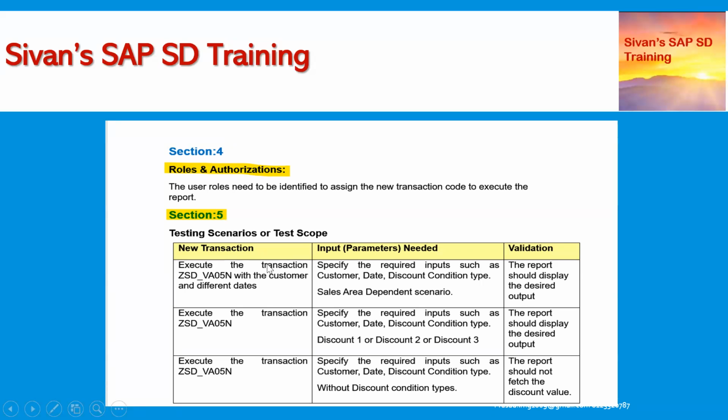Nowadays, all the clients are very particular about the preparation of the FSDs in their appropriate sections. It will go to your design lead architect. He will cross-check: Hi Bhaskar, why have you not included the roles and authorizations under section 4? Go ahead and do it again.